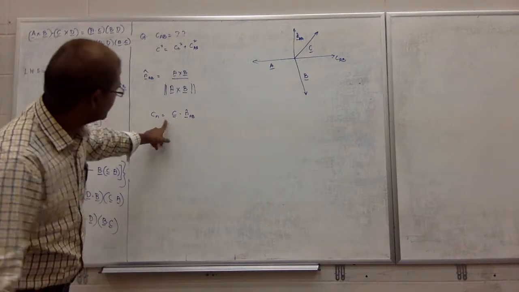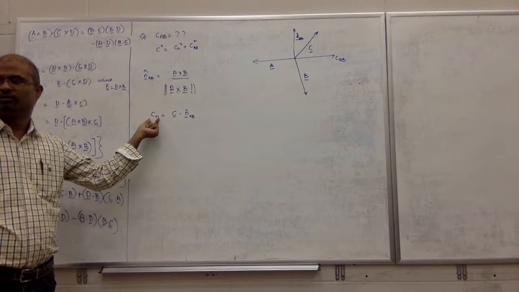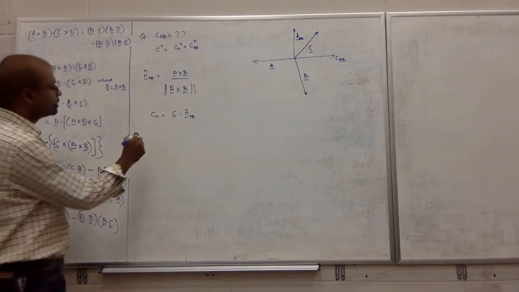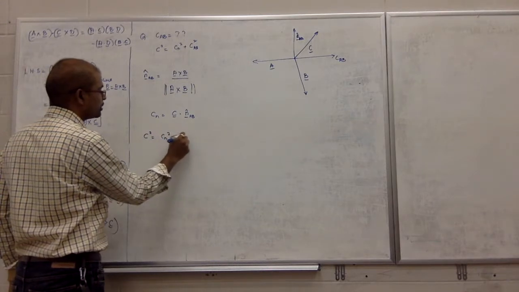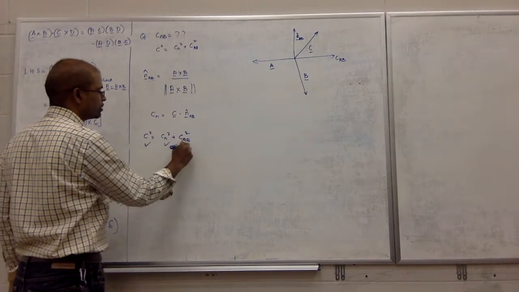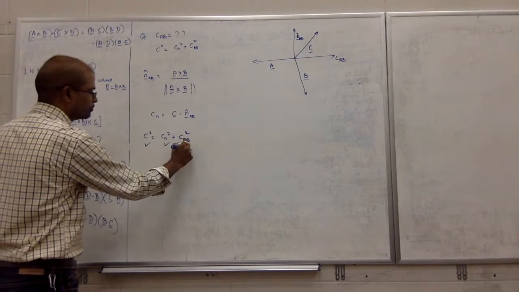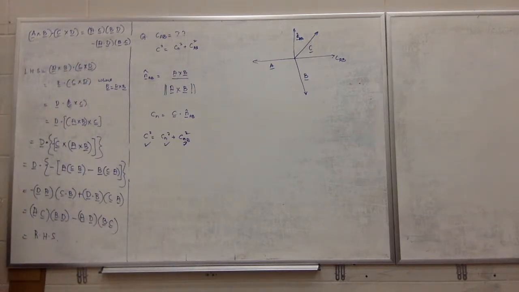Once you do this, you see this results in a scalar. Once you do this, it is very simple. C squared is equal to C_n squared plus C_AB squared. You know this, you just have to calculate this. Make sense?